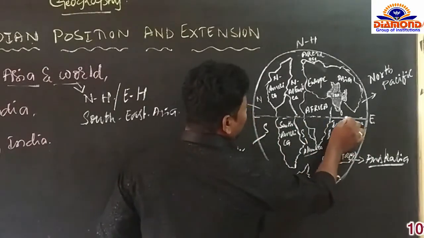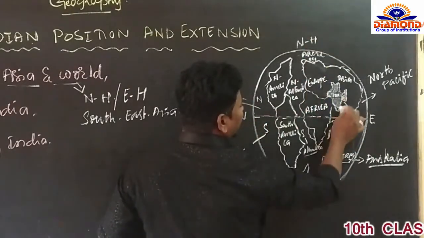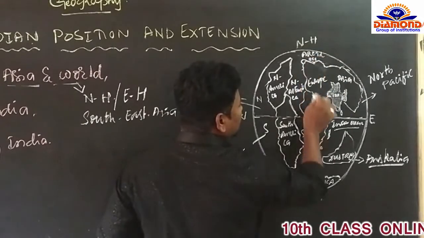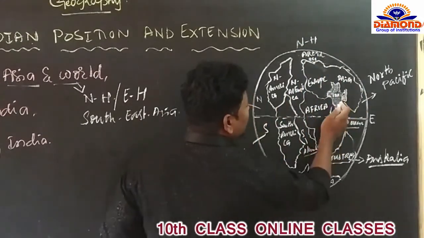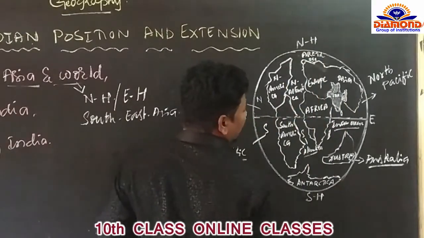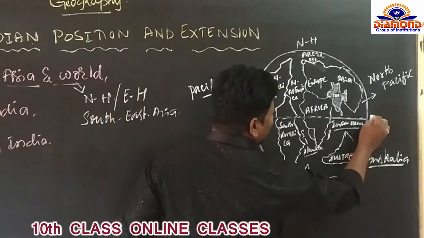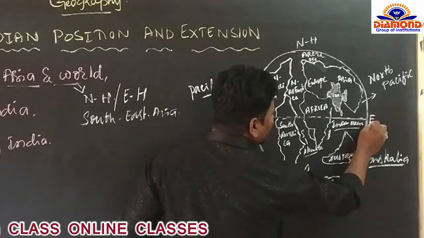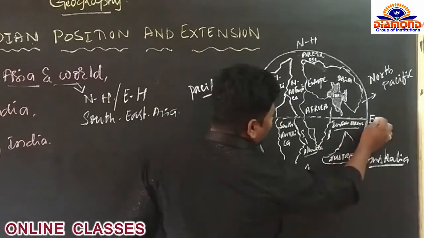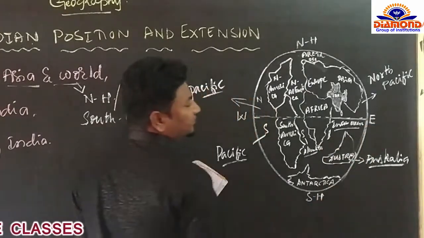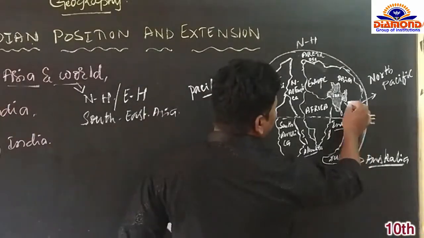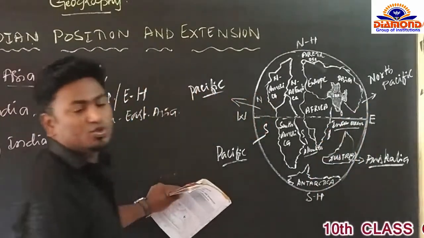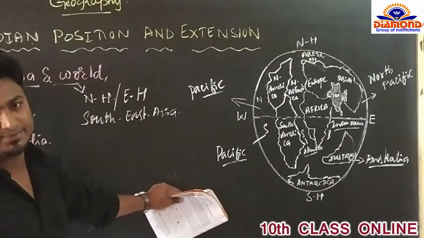As I told you, this is the Northern Hemisphere, so this is the north side. Whatever comes over here is on the northern side, and whatever comes here is in the northeast side, so it is called the eastern side. So first we come to know that India is in the eastern part. India is called east.